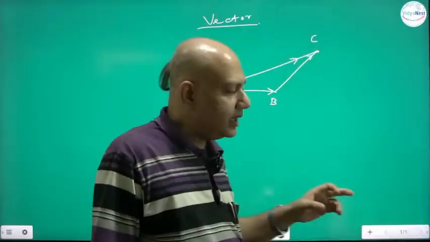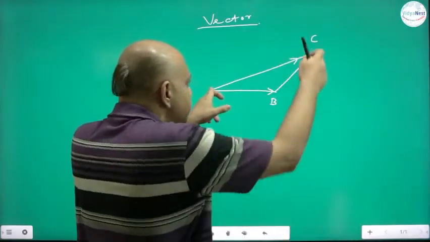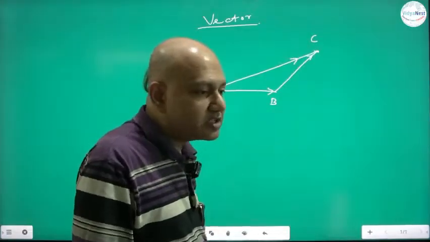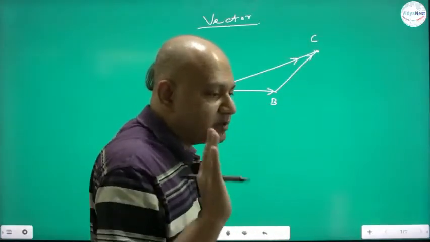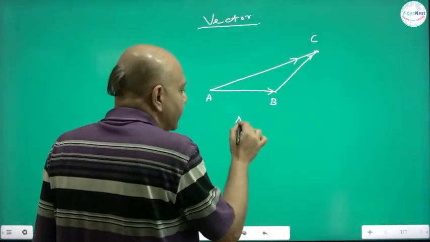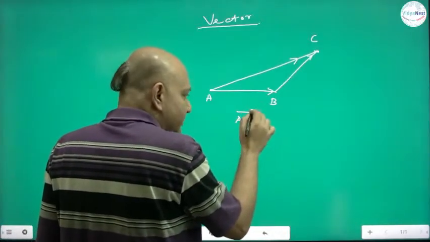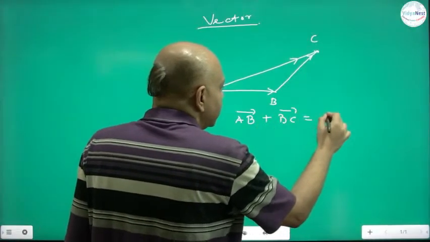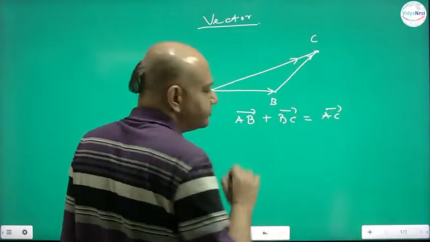The total displacement is equal to AC. Mane net displacement, final displacement. It is called resultant displacement. So actually speaking, I can write displacement vector AB plus displacement vector BC is equal to vector AC. Try to understand.